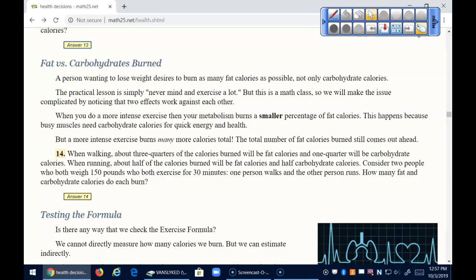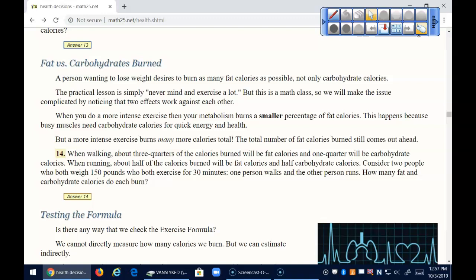If you're trying to lose weight, then you want to burn fat calories. The problem with that is that when you're exercising a lot, you need short-term energy, which your body metabolizes carbs to do. So there's this oddness that the harder you're exercising, the smaller of those calories, percentage-wise, will be fat calories.